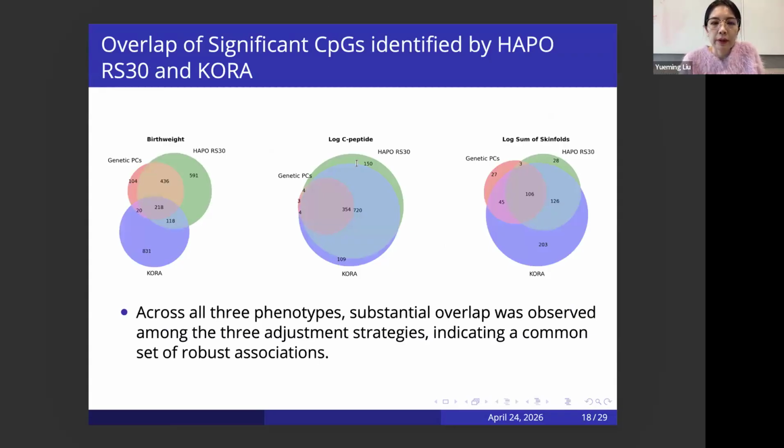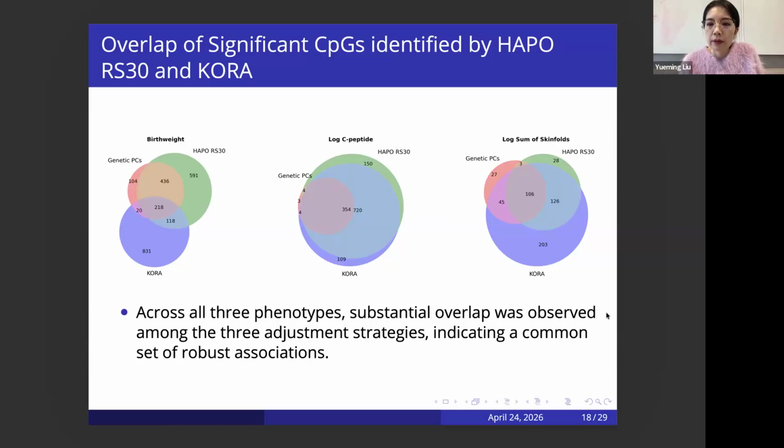For the overlap of significant CpGs identified by Hubble as at Cora, here we're also adding genetic PCs, significant CpGs here. We can see that across all 3 phenotypes, there is a substantial overlap across all those adjustment strategies, which indicates a common set of robust associations.